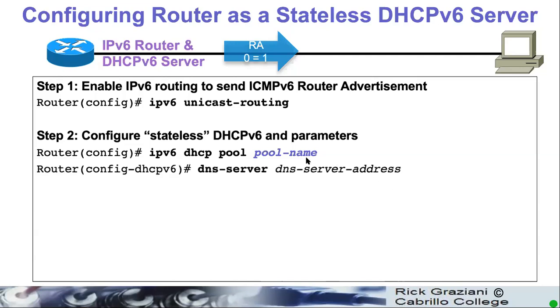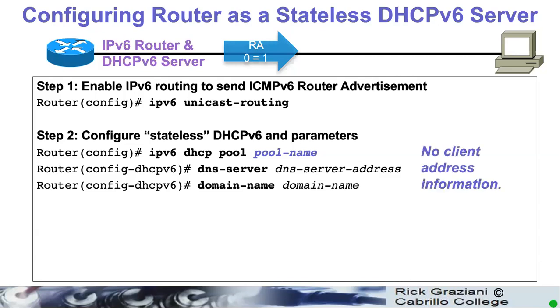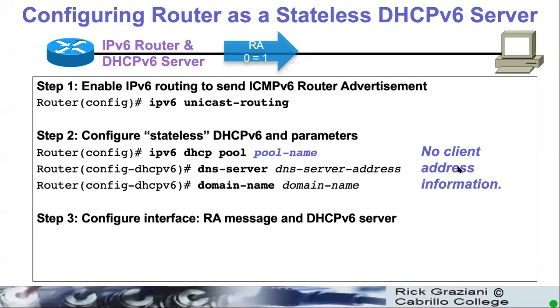So we create a pool, then we can specify anything that is, in this case, generic, because we're a stateless server, like DNS server and domain name, that we want. It's the same information this stateless server is going to give everybody, right? Okay, no address information, though. The client will create its own global unicast address using SLAAC, the prefix in the router advertisement, and create its own interface ID.